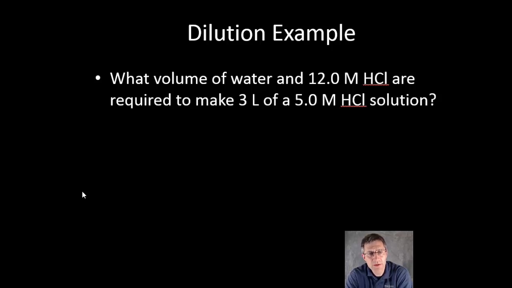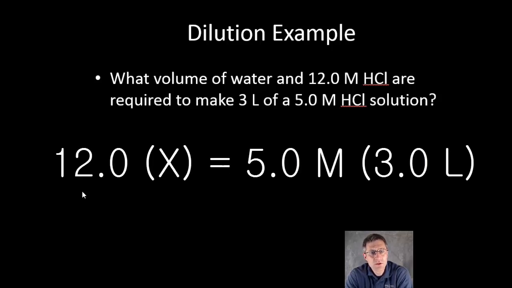So I'm going to set this up so I have the molarity times the volume that I end with, 3 liters times 5 molar hydrochloric acid. It's going to equal the molarity times the volume that I start with, which is some volume of HCl, X, times my 12.0 molar.